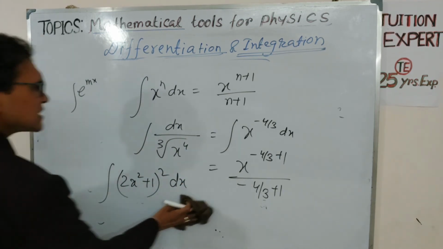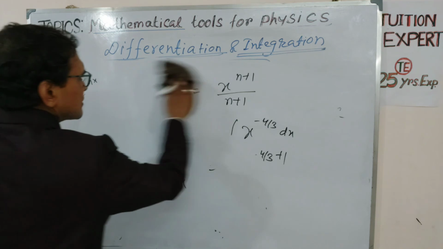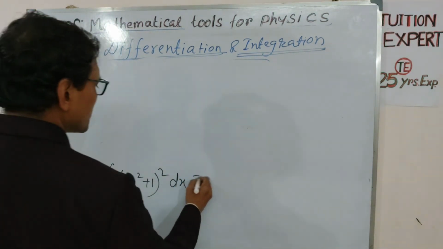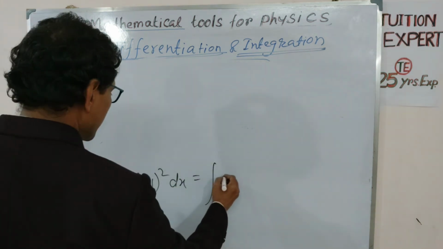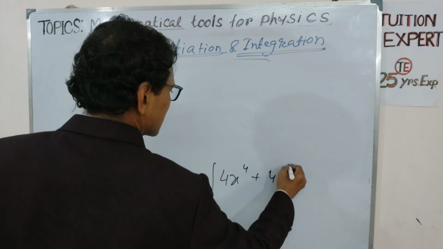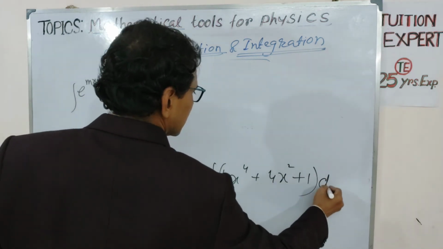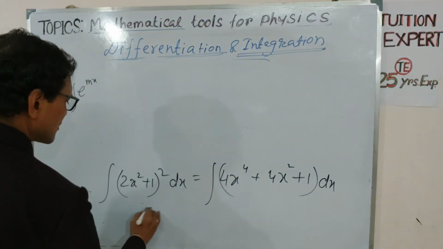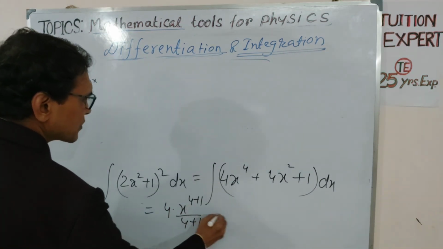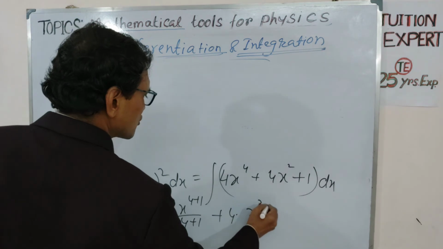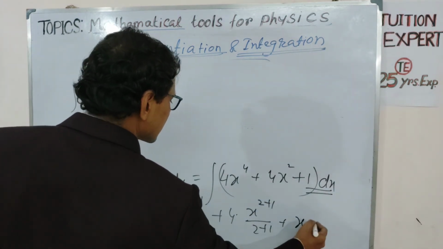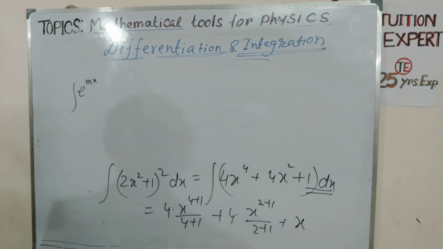How will you integrate this? First of all, you have to expand this. So this becomes x to the power 4 plus 1, 2 plus 1 by 2 plus 1, and only the integral of dx is x. So this is the formula.